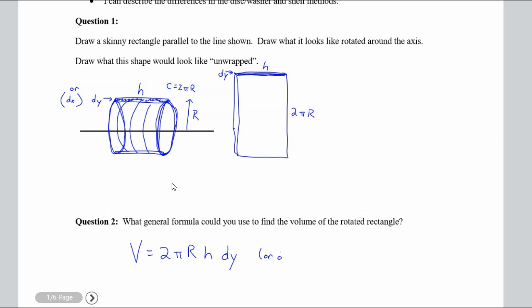It could be either one depending on your scenario. But that is what you're going to get for the volume of that unwrapped shell, and once it's connected again, it's the same volume, so volume of that shell.